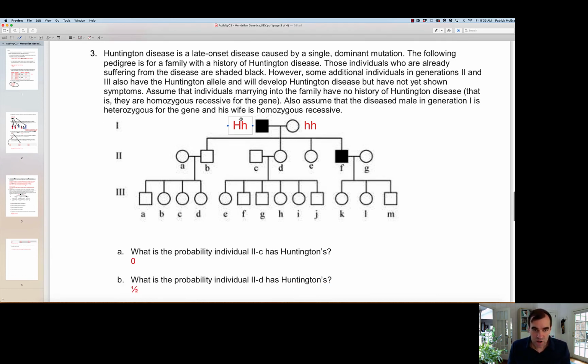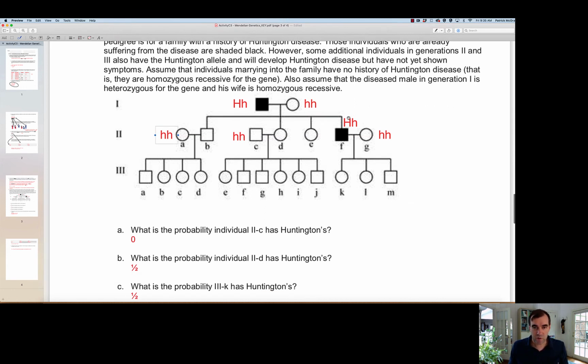So what else do we know? The only other individual we know that's related to these individuals has it, so this person must be a heterozygote, and then typically we assume that people that marry in don't have it. So this individual doesn't have it, doesn't have it, and doesn't have it.